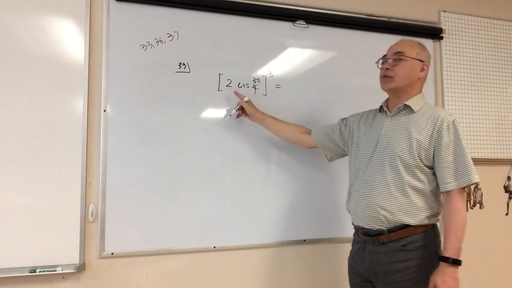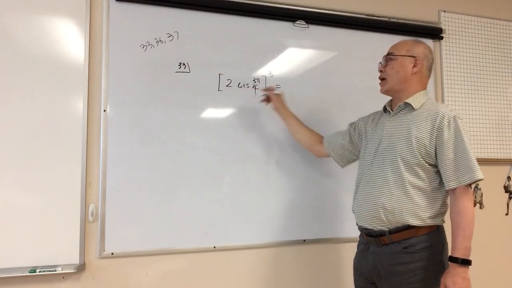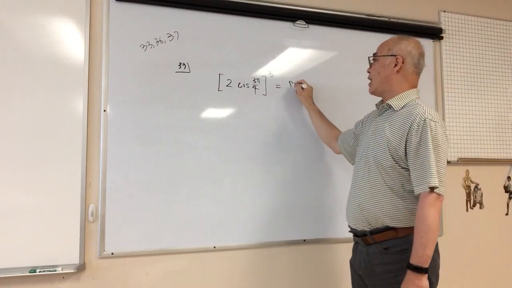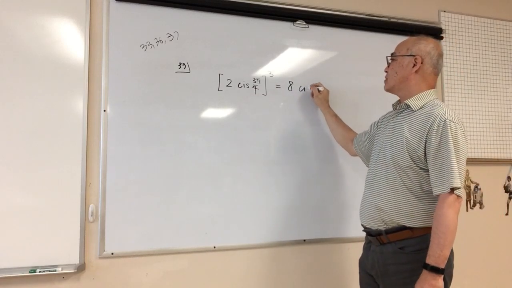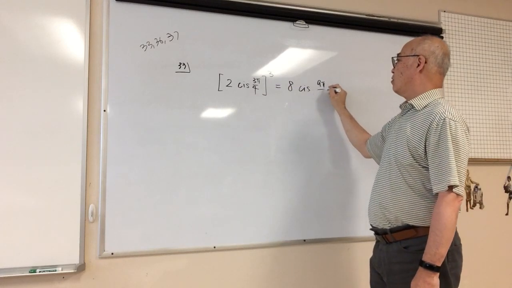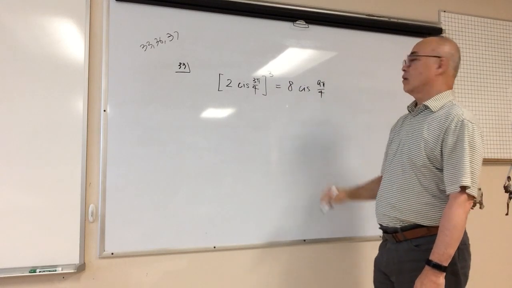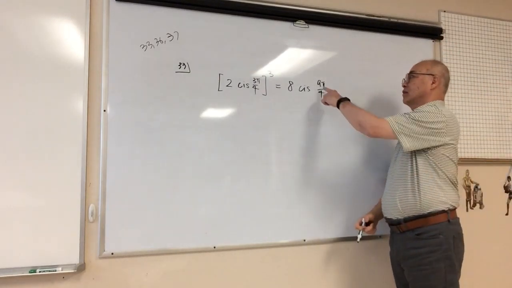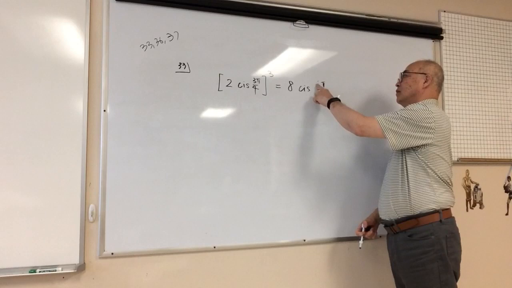Well, I want to do this first. What do I get? 8, because it's 2 to the third, right? It's 8. And then I'm going to get cis 9 pi over 4, which is the same as pi over 4.